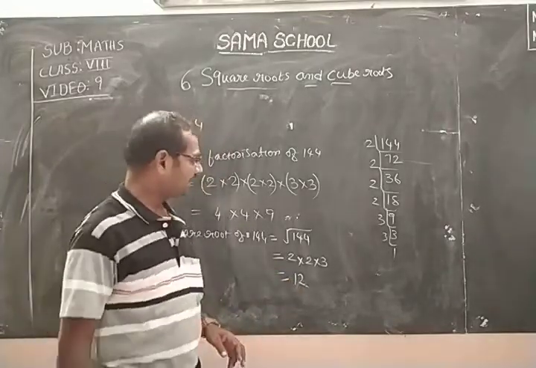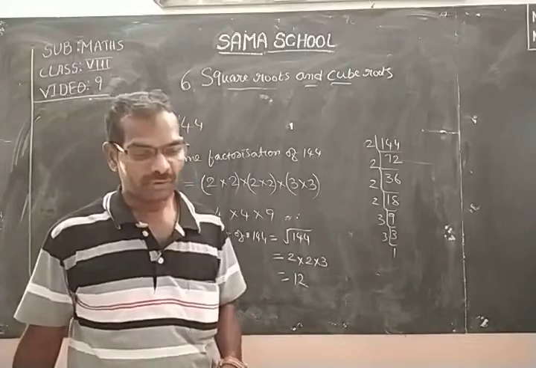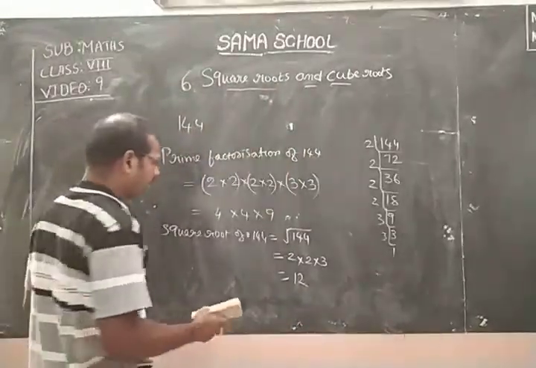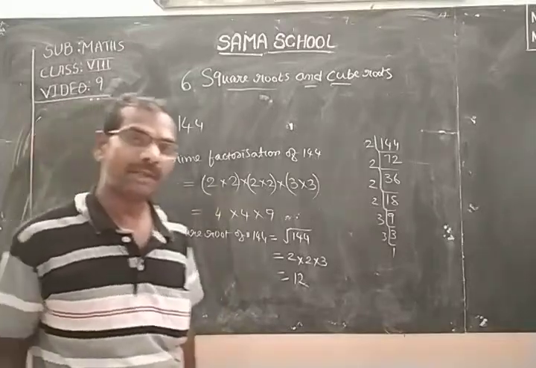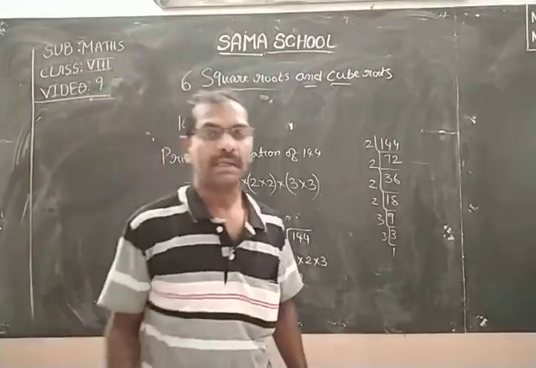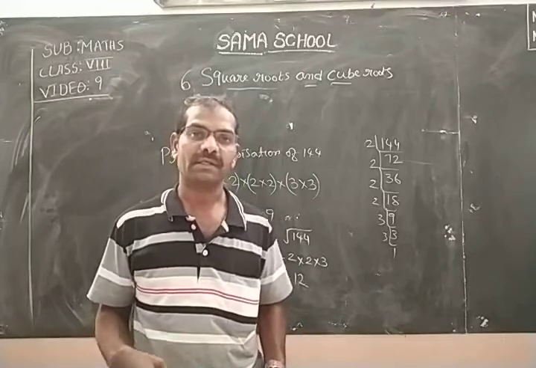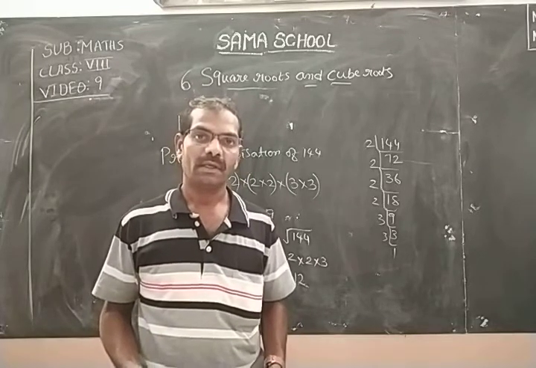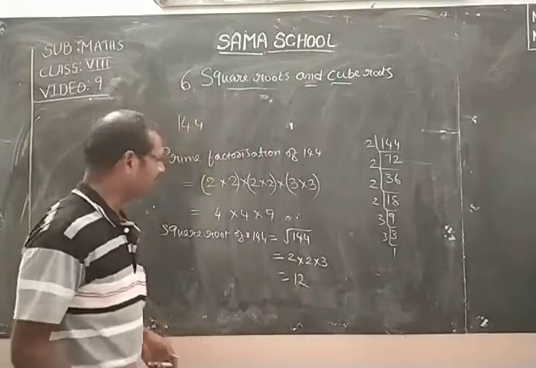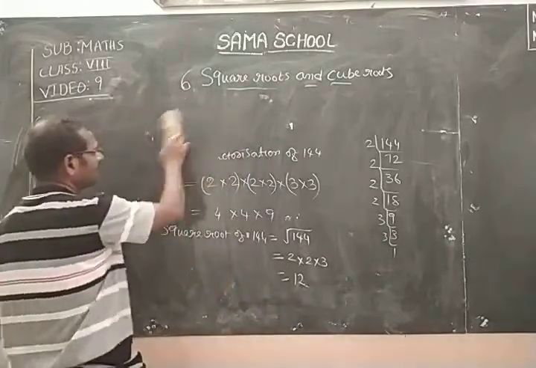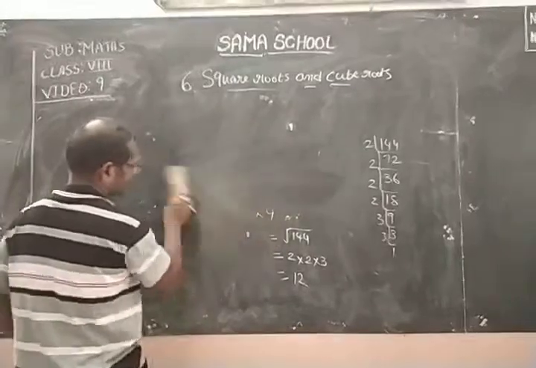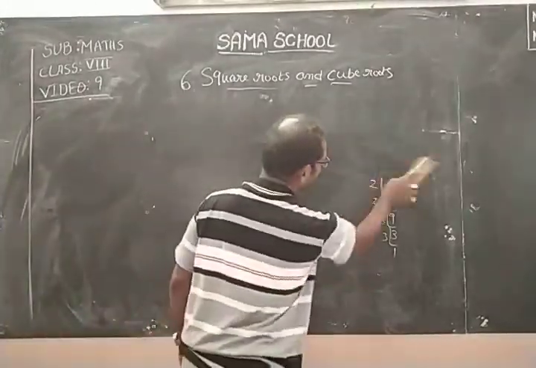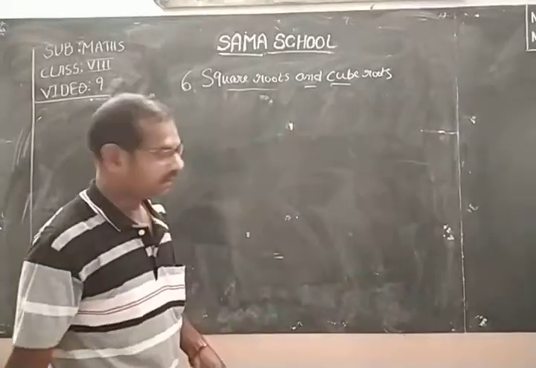Now let us see the definition of square number and square roots. When a number is multiplied by the same number, the product is called a perfect square number.